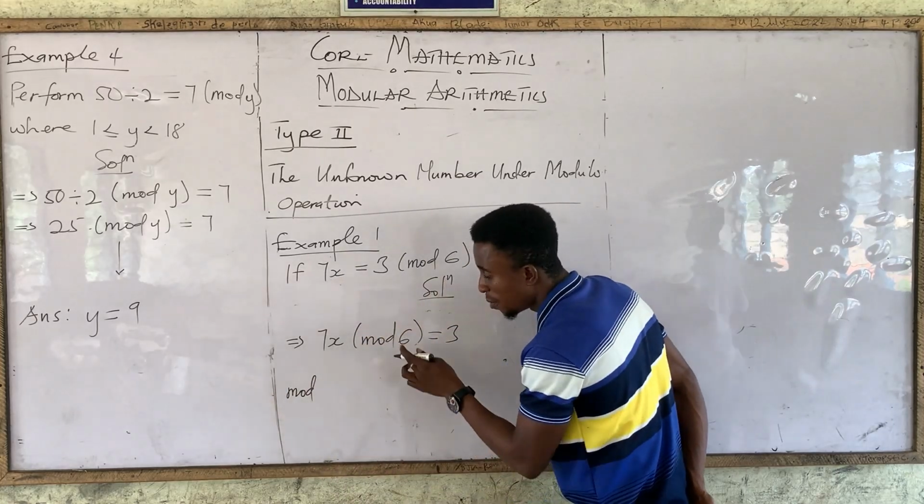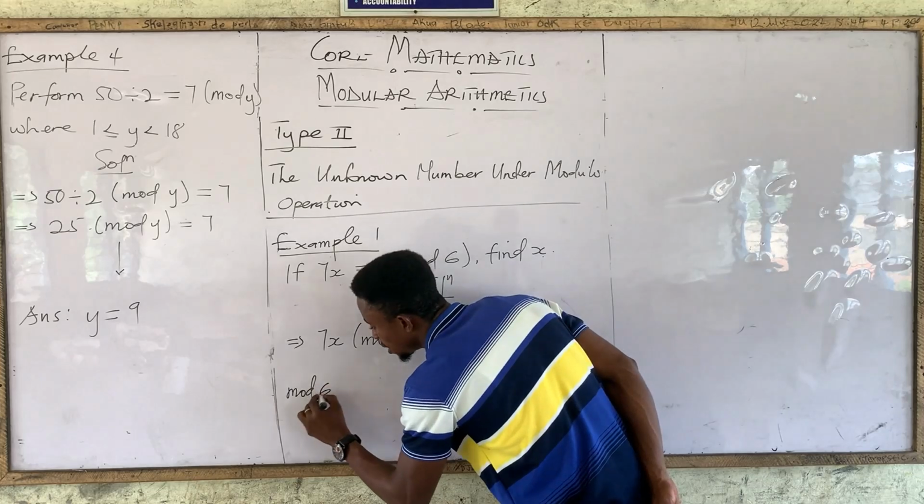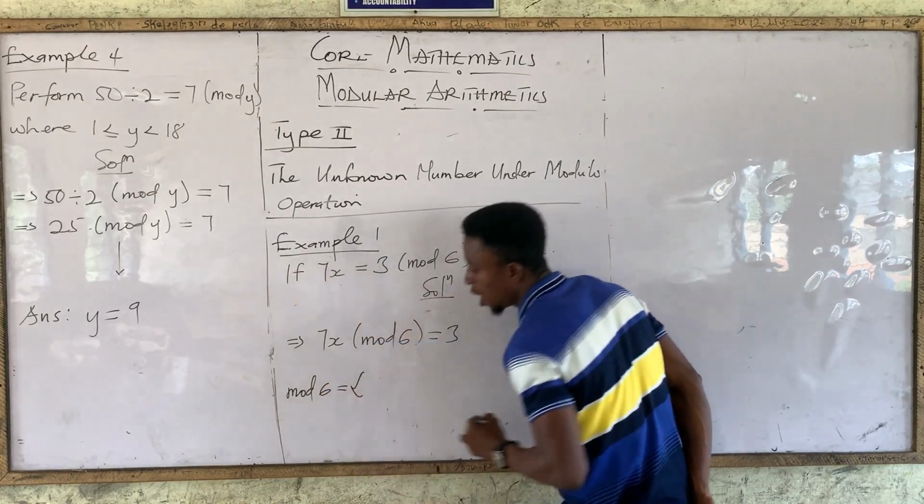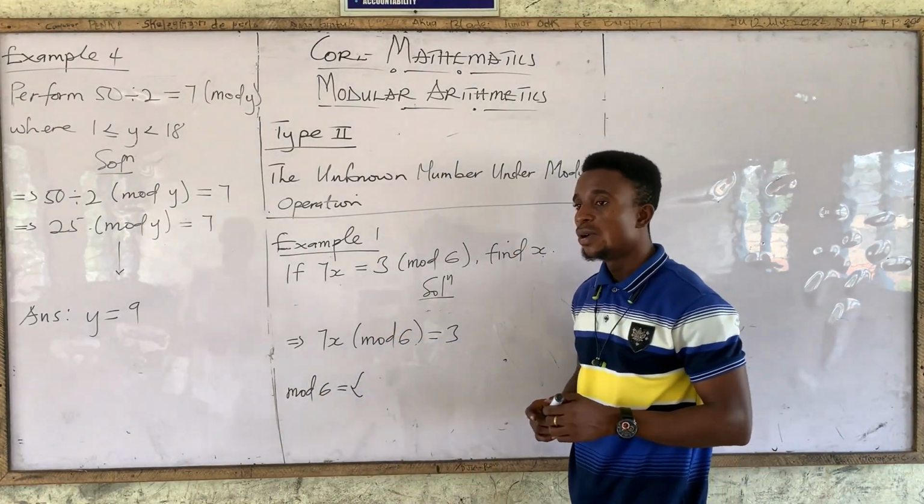So the first thing we write is the possible remainders for the modulo 6. Are we getting that? So, okay.